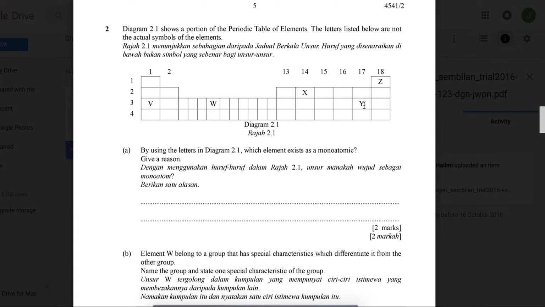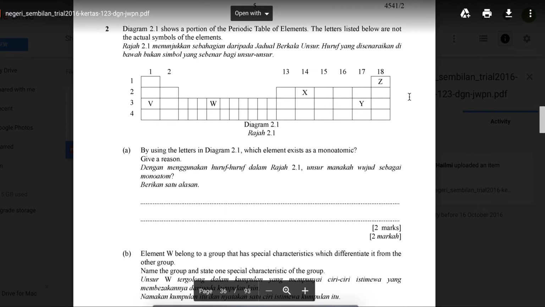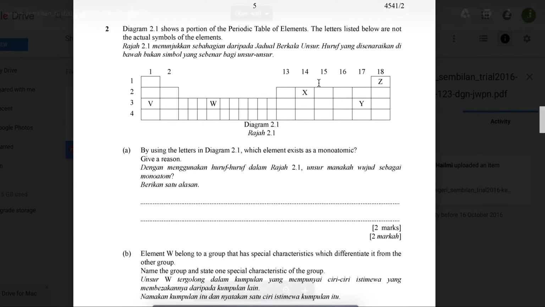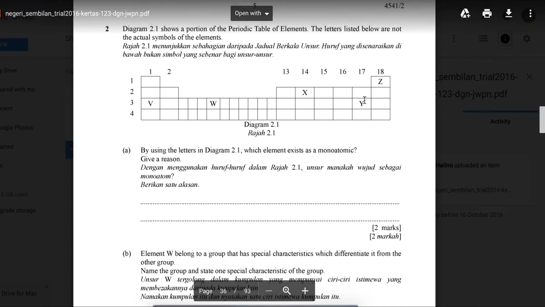This is the importance of the periodic table, memorizing the first 20 elements of the periodic table. So Y is placed in group 17. That means it will have 7 valence electrons and it's in period 3, meaning 3 shells. So its electronic configuration is 2.8.7. So what element is this? It's immediately chlorine gas, right guys?